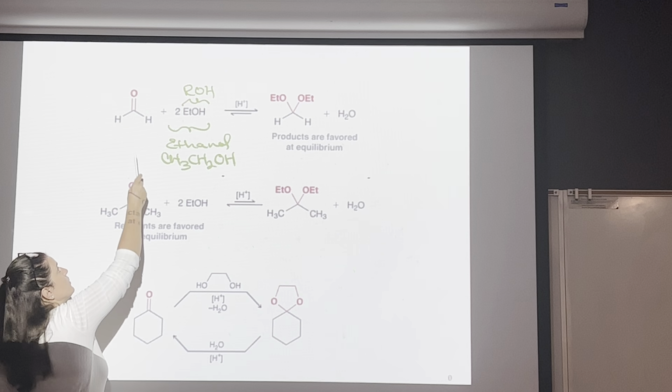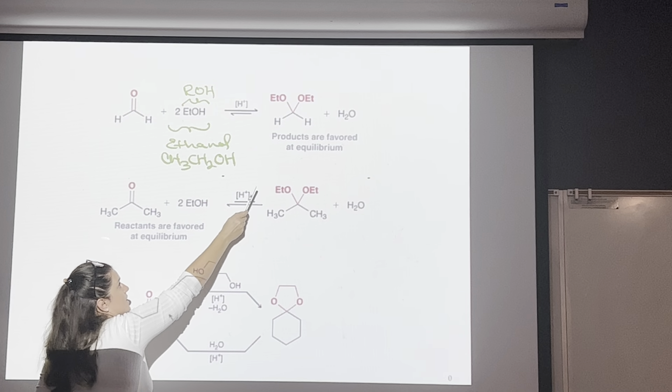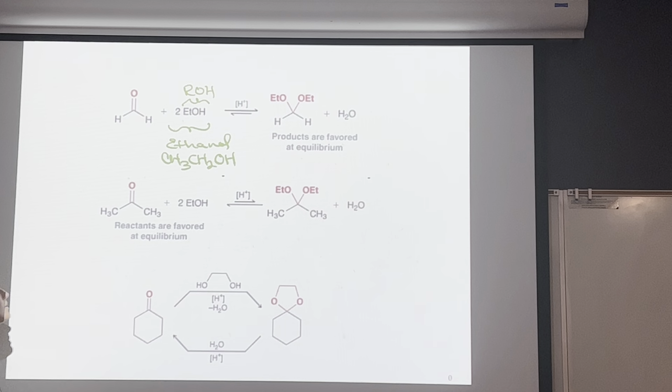Well, you have 2 of your ORs bonded to this carbon right here. So let me go ahead and draw the carbonyl carbon in blue. Right there and right there. And so right here you have RO, and I'll write this one backwards as OR, but it's the same thing. That blue carbon right there, the one that was a carbonyl carbon from the aldehyde, is now bonded to 2 oxygens that are connected to alkyl groups, R groups.